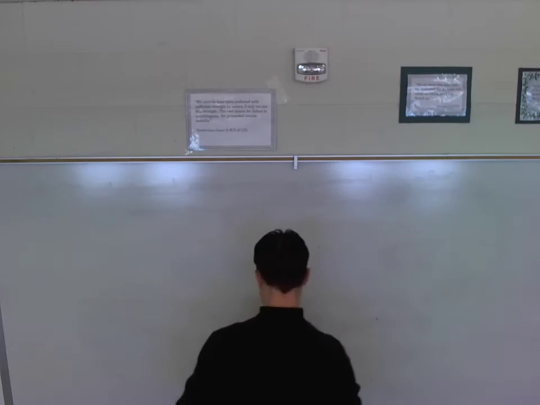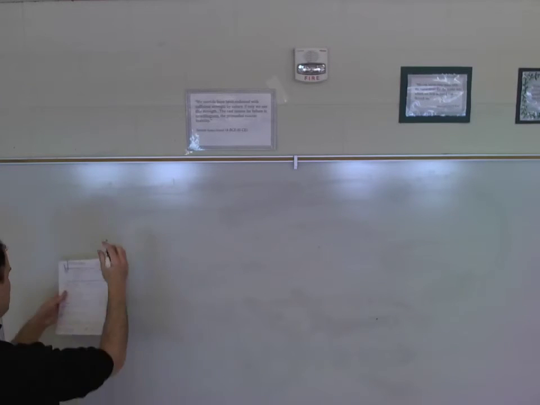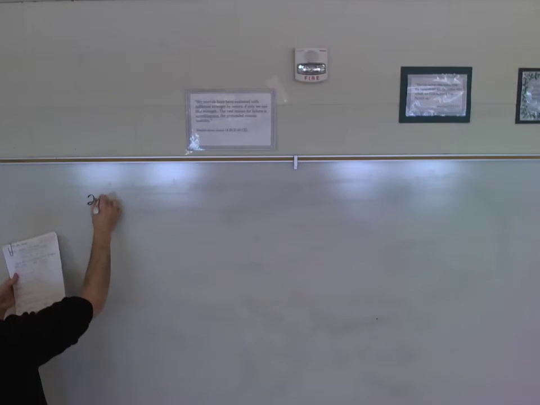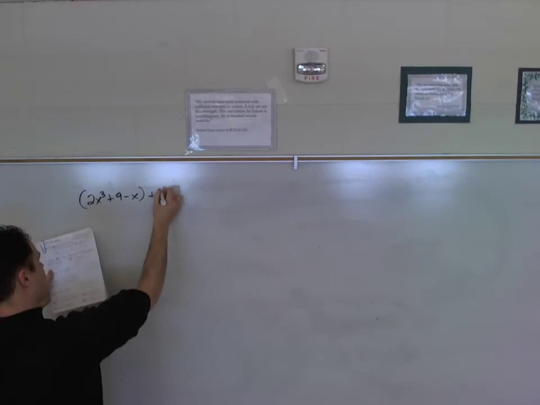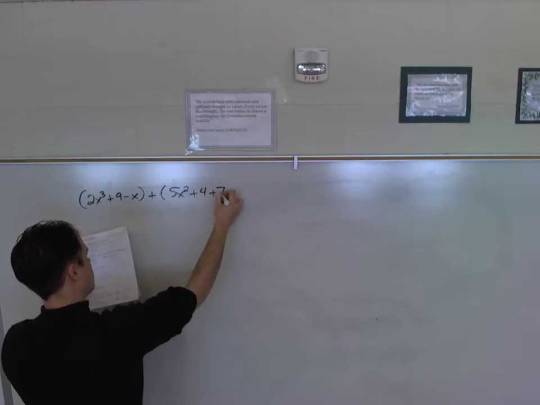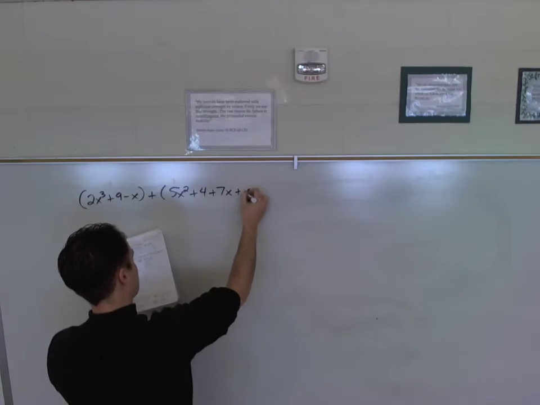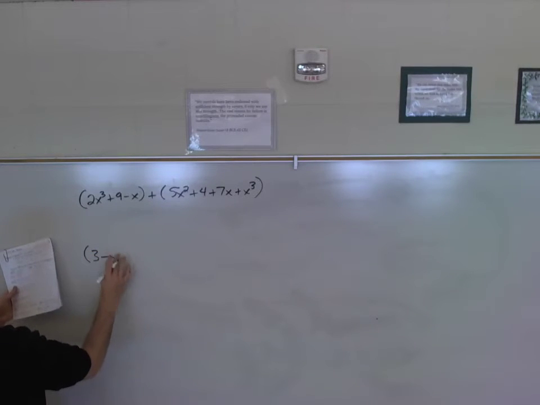So let's combine some polynomials just with adding and subtracting and stuff. You guys have done this before, but just make sure. So do some combinations. This stuff can get long and kind of messy, but it's pretty easy.